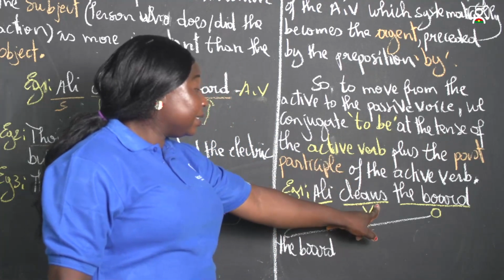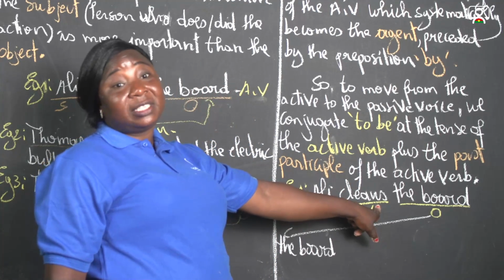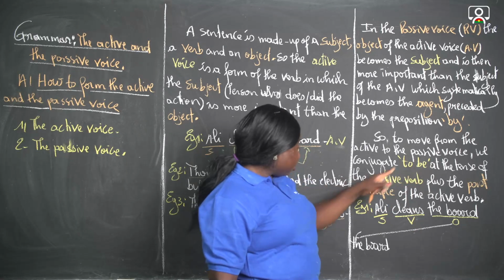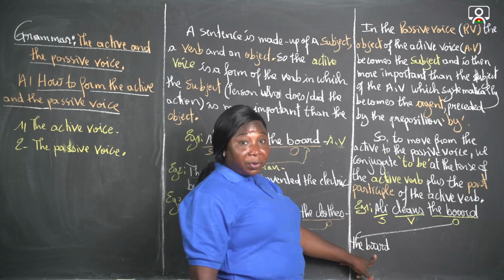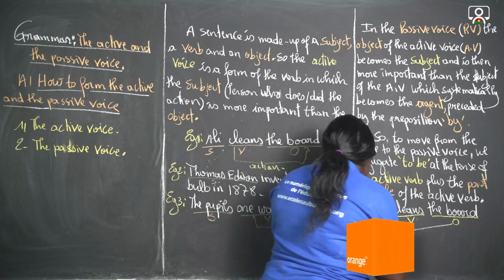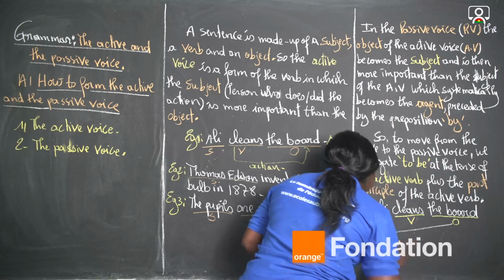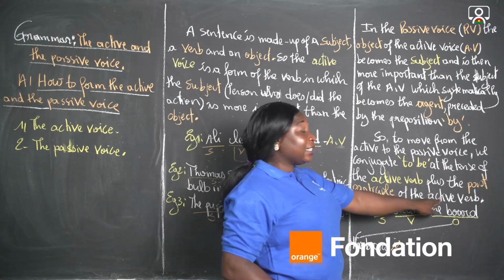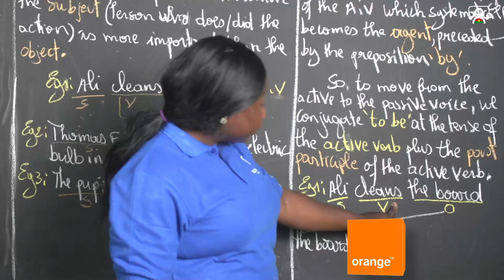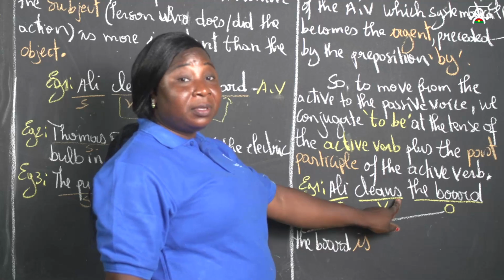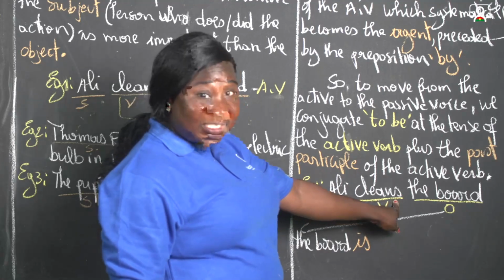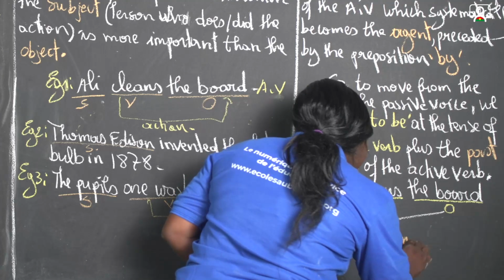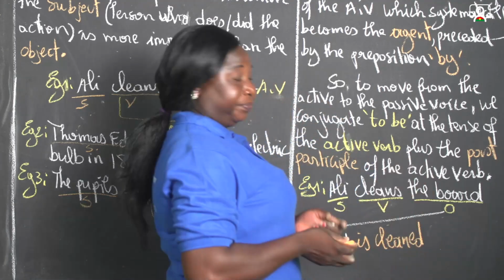The active verb is cleans, in the simple present. So we conjugate to be in the simple present according to the subject, the board: is, plus the past participle of the active verb. To clean is a regular verb, so we'll have is cleaned.